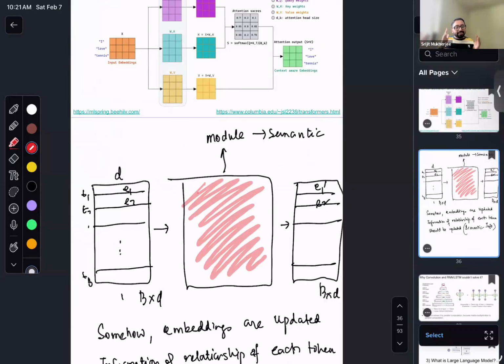And each layer is making sure that the semantic and relationship information is becoming stronger and validated by the data and the learning process. Does it make sense, guys? This is what this attention module is doing.